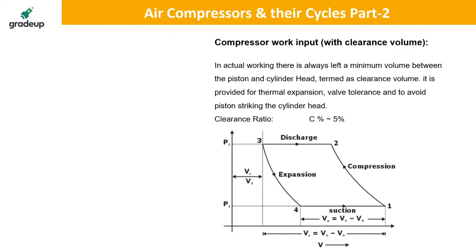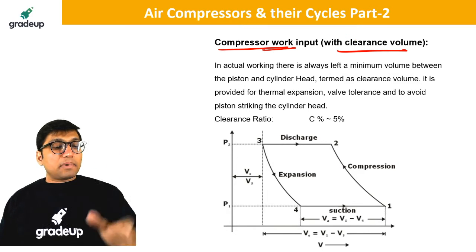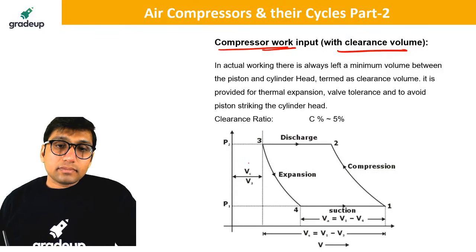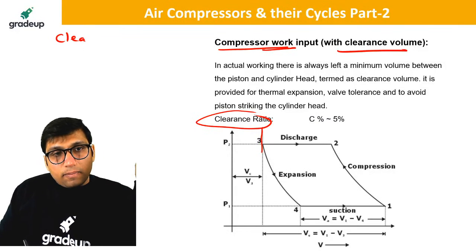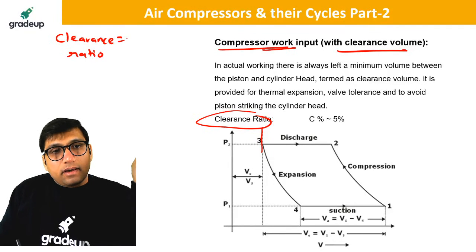Next is compressor work input with clearance volume. If we are using some clearance volume inside the cylinder, then the clearance ratio is equal to the ratio of the clearance volume divided by swept volume.